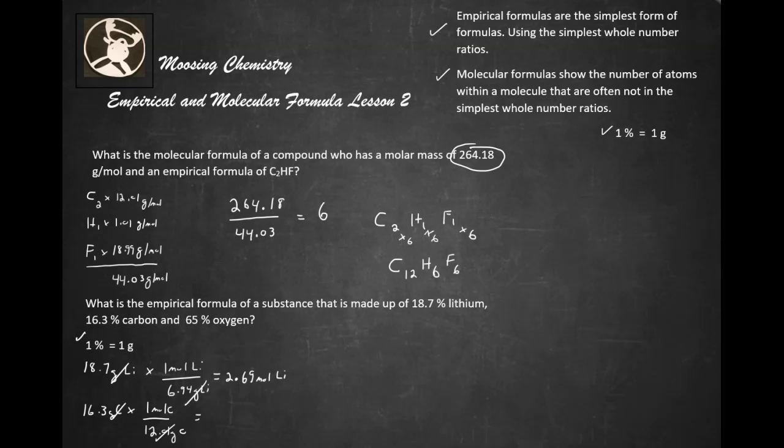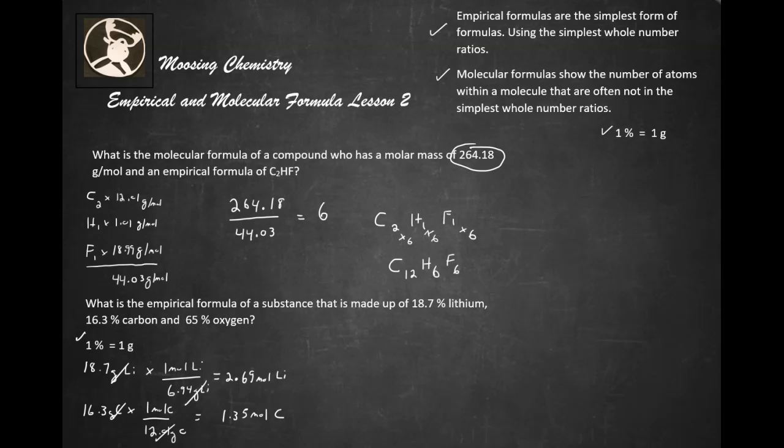And that is going to equal, let's see here, right at about, looks like 1.35, but let me double check. And it's going to be 1.35, right. So we go 1.35 mole of carbon.